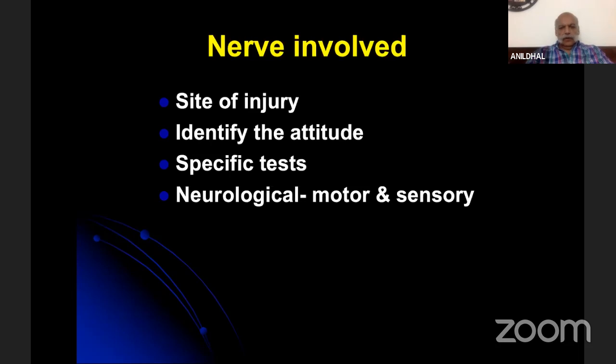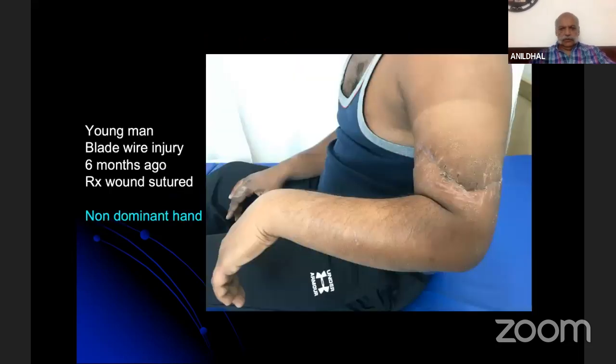And obviously, an exhaustive neurological examination concerning both the motor power assessment and the sensory assessment has to be performed before you can pinpoint which nerve is involved.